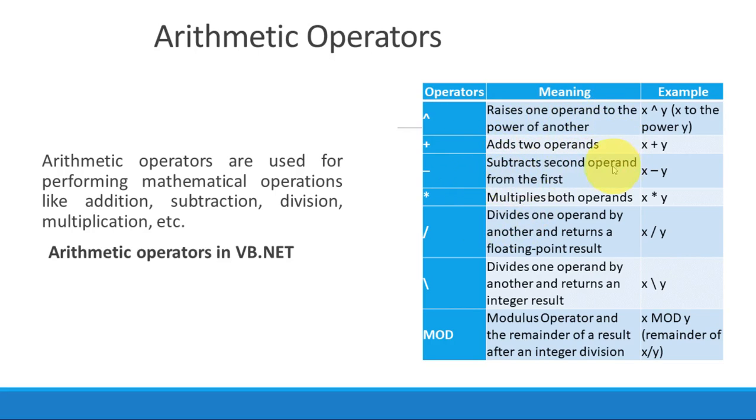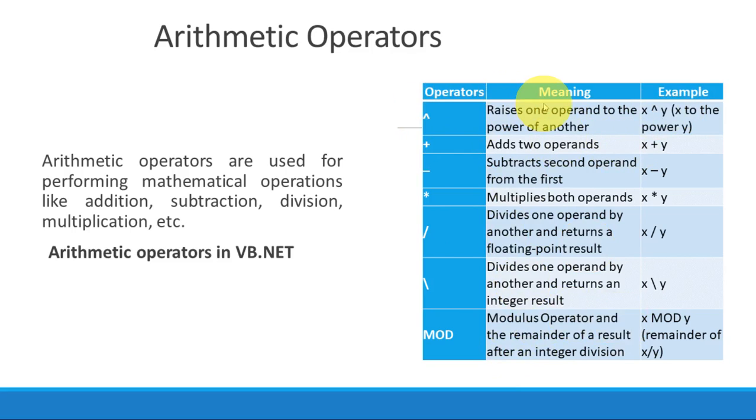This is subtraction. This multiplies. This is raise to power. Then there is division. One divides one operand by another and returns an integer result, and in the other case, it divides one operand by another and returns a floating point result. And this is the modulus operator. So these are the various operators, their meanings and how they are performed.